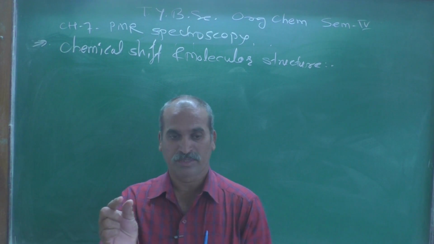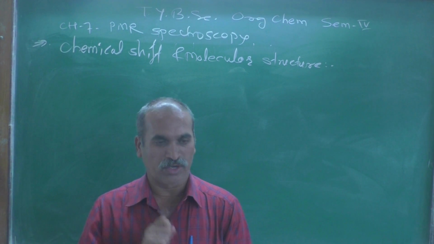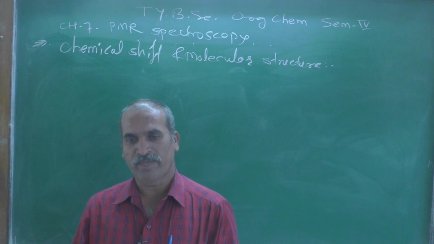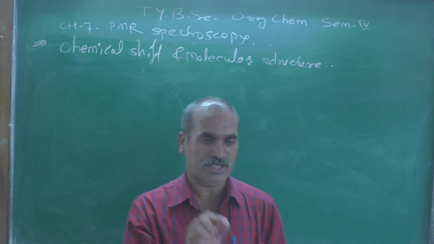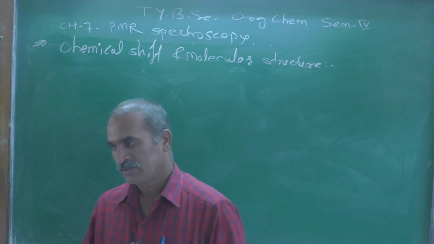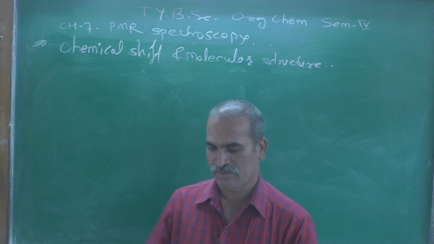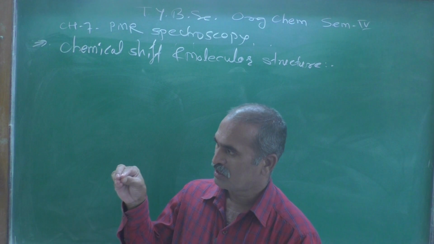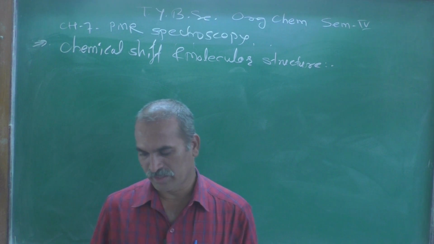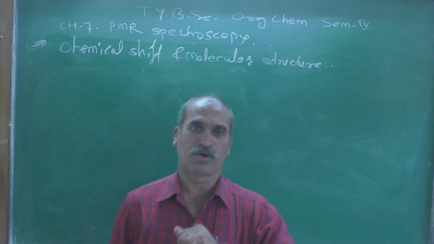With fluorine it is 4.3, with chlorine 3.1, and with bromine 2.7. Going further, iodine is the least electronegative among these four members, and the chemical shift value is also the least, that is 2.2.